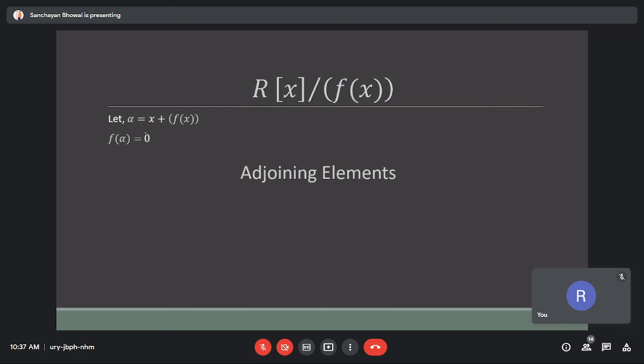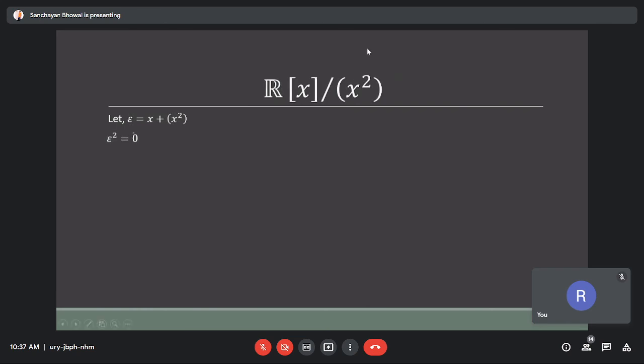Let's take a non-trivial example. For example, x squared. Now we need a non-zero root of x squared. So I take this ideal, I add x to it, and I call it, say, epsilon. Now once I square it, I get 0. Again, you can see that x plus the ideal (x squared) is non-zero. So we get a non-zero root of x squared in this ring.